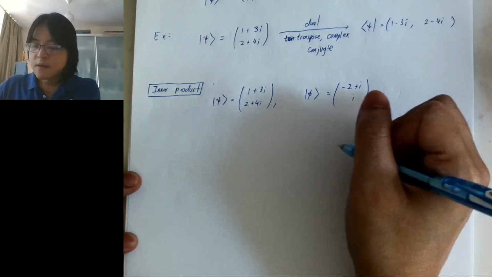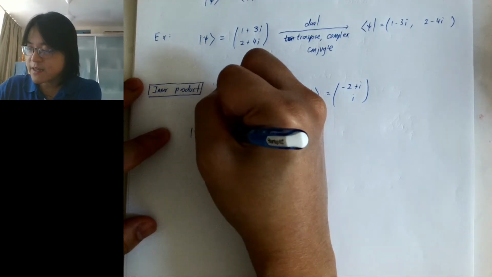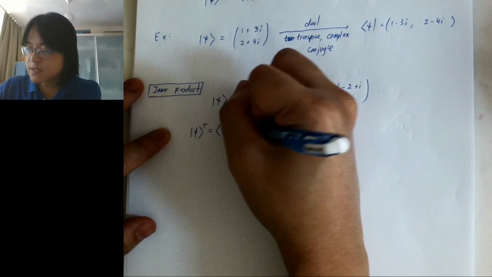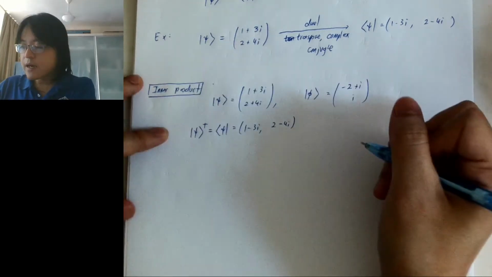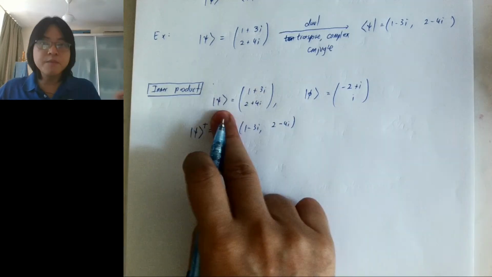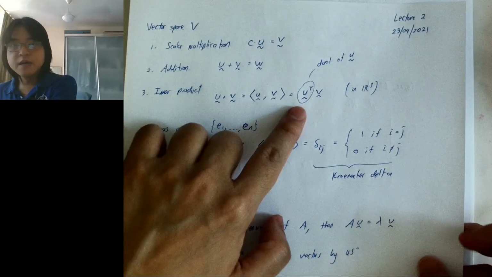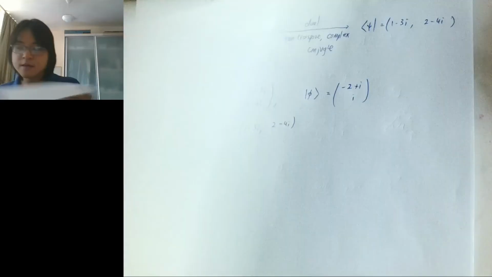The dual of this, which in math is called a star but we call the dagger, is 1 minus 3i, 2 minus 4i. Then I can take the inner product between these two vectors, the same as what I said last time for the vector space: I take one of them to be the dual, and then multiply them together.